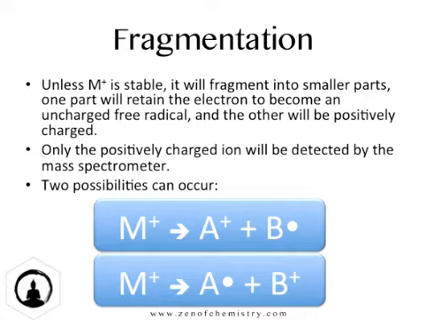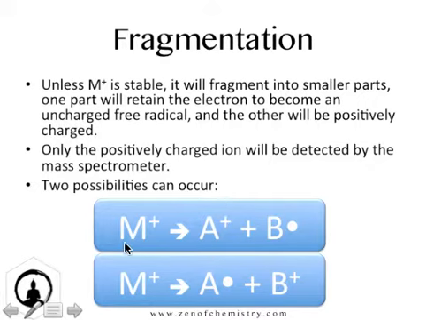Sometimes that parent molecular ion can be quite stable, but in most cases it won't be, and it will want to break apart into smaller pieces. One part will retain the electron and become an uncharged free radical. That's how we denote this dot here.